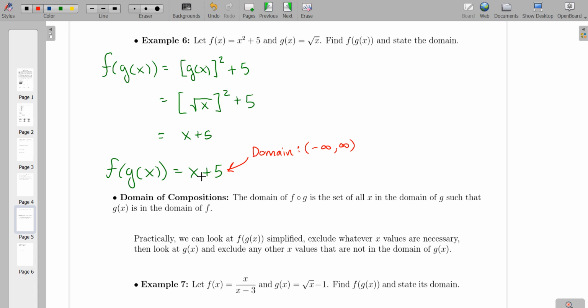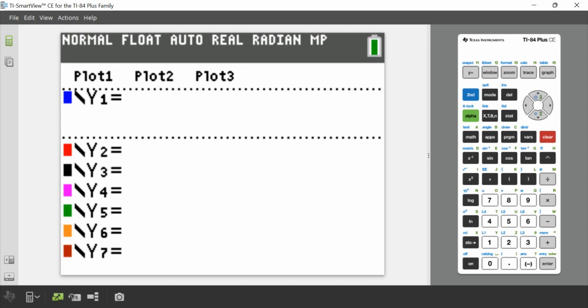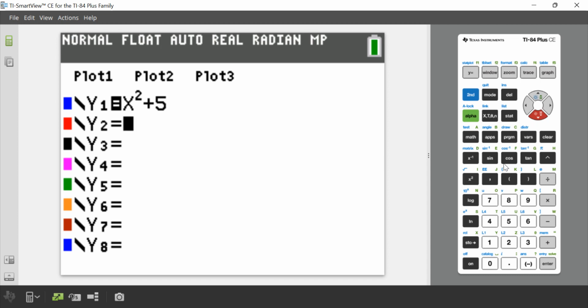But let's take a look at our graphing calculator here, and let's type in these two functions. First of all, x squared plus 5 and the square root of x.